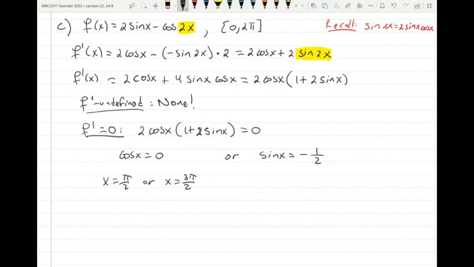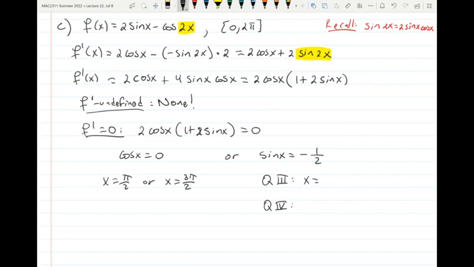And then when is sine of x equal to negative 1/2? Okay, so that's going to happen in quadrant 3, and we're also going to have an answer in quadrant 4, right? Because remember, sine is positive in the first and second quadrants, and negative in the third and fourth quadrants.